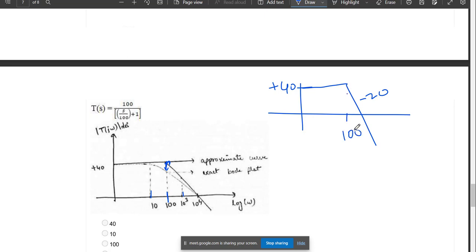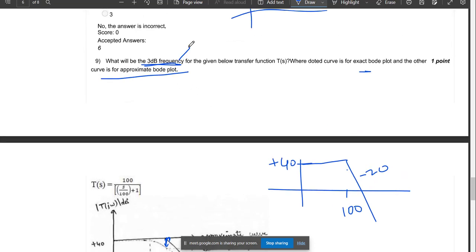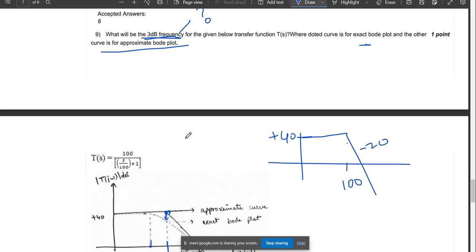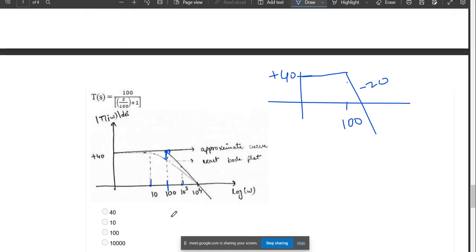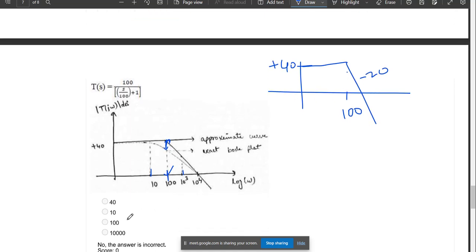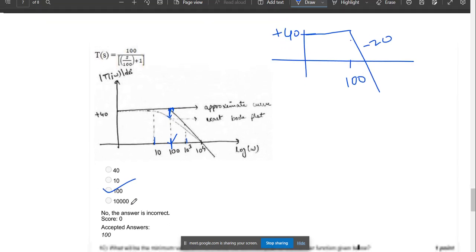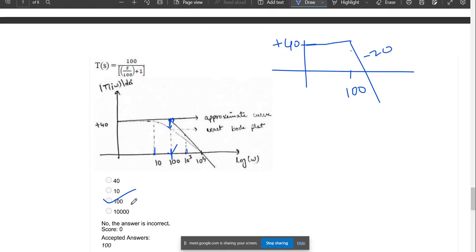So what does 3 dB frequency mean? The approximate plot and the exact plot will have a difference of 3 dB. This happens at the pole, right? And this happens at 100. So option C is the correct one. Got it? Any doubt? No, ma'am. Does anyone have any doubt?